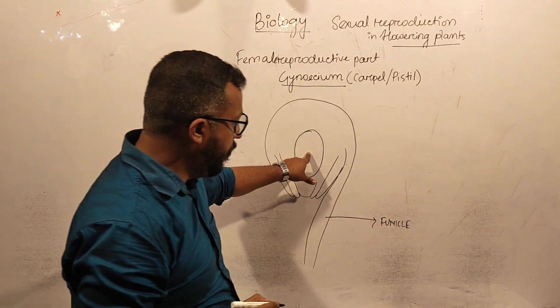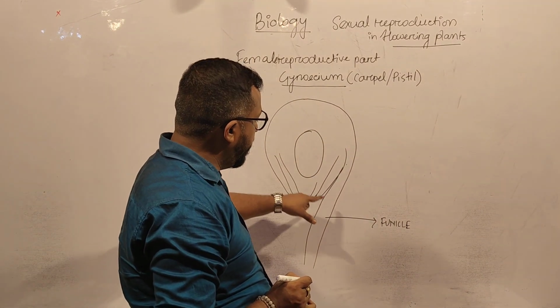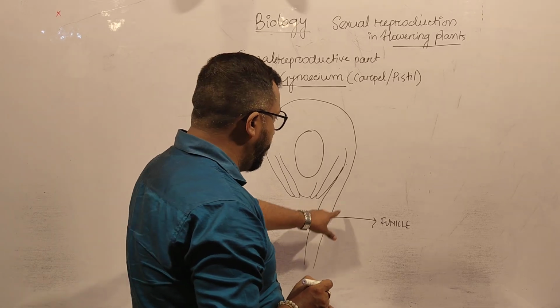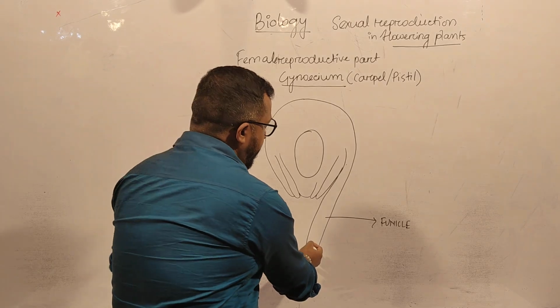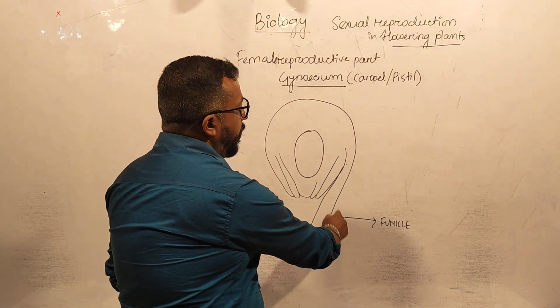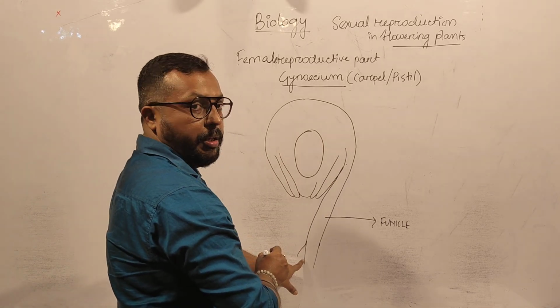The ovule looks somewhat like this. The ovule is connected to the locule with the help of the funicle. The placenta is somewhere in here, but the funicle is the connecting link, attaching the ovule to the locule.